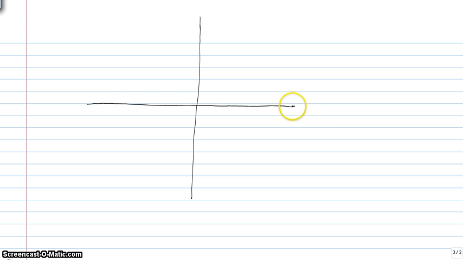So let's see if I can make this look a little bit better. I can make my tick marks go by 2's so I can fit this all on here. I'm going to need to come down to -18.